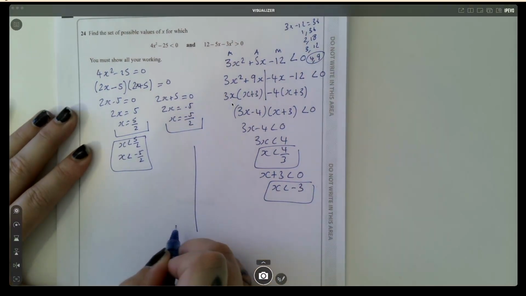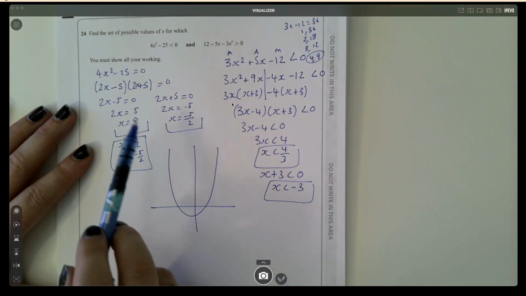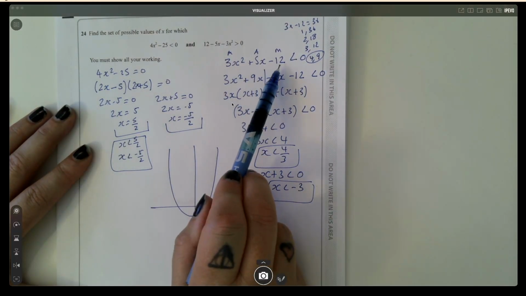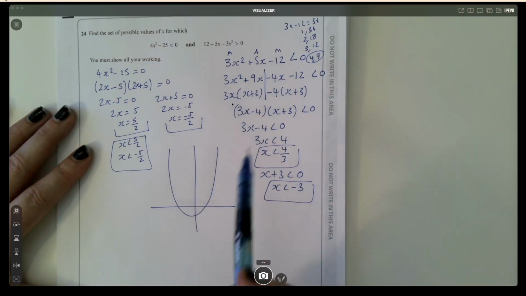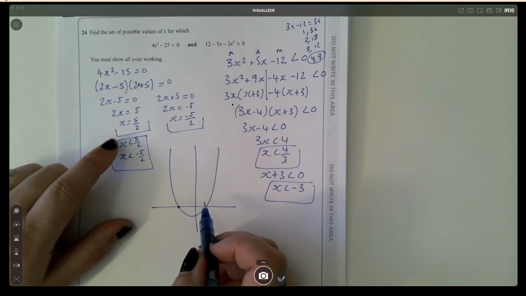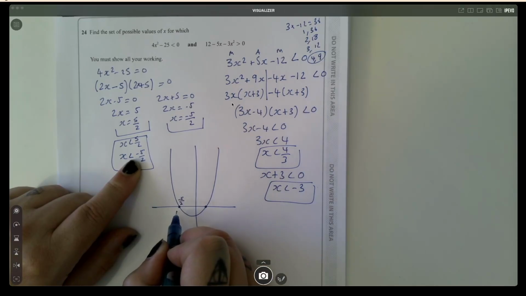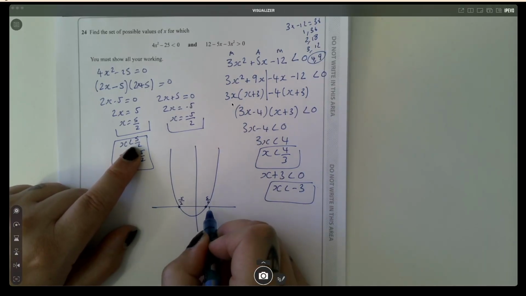So I'm just going to roughly sketch a quadratic graph, and I've sketched a U shape because that's a positive x squared, and I changed this to be a positive x squared as well. So if these are the two roots of the equation, if I'm dealing with these solutions here, so negative 5 over 2 would be this root, and 5 over 2 would be this root.